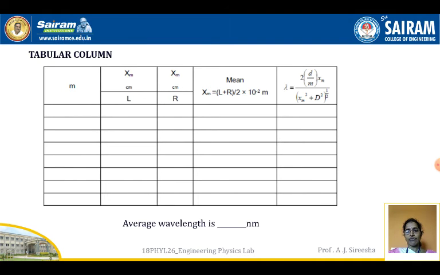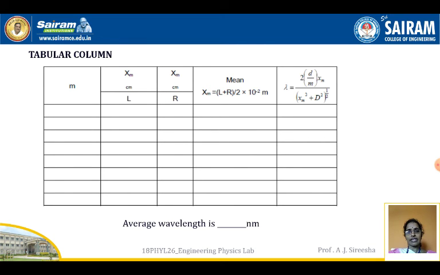Take the average of left and right, and you get the mean xm, which is converted into meters. So the mean value of xm is calculated in this tabular column.